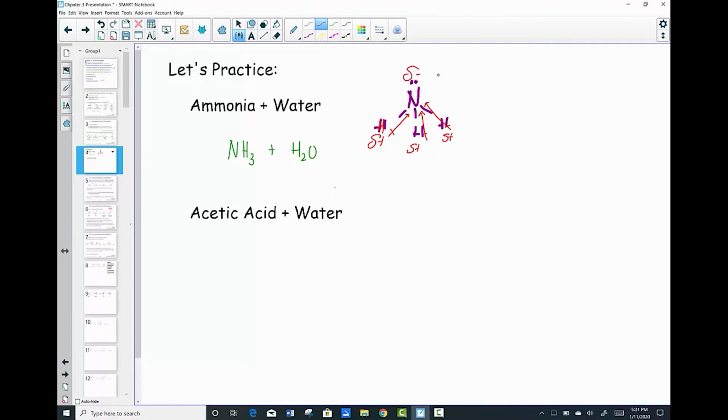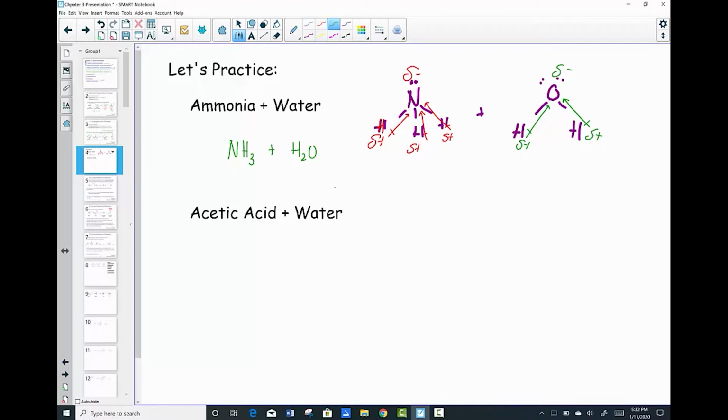And so we see that it's reacting with water, and water, of course, we know also has its own polarity set up. The polarity is being pulled towards the oxygen, making this a very rich area on top of the oxygen for electrical charge, and a deficient electrical charge there on the hydrogens.